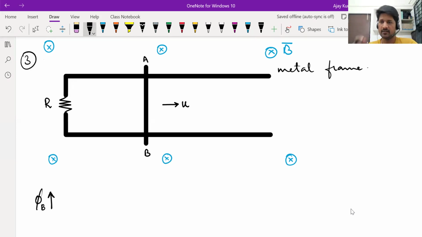The existing magnetic field is into your screen and the flux is increasing. So induced EMF will produce a field in the opposite direction, in the outward direction, which means the current should flow anti-clockwise.